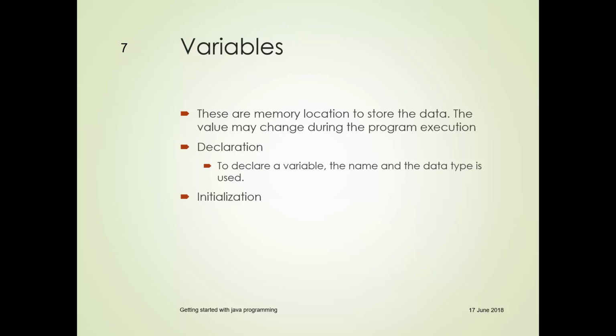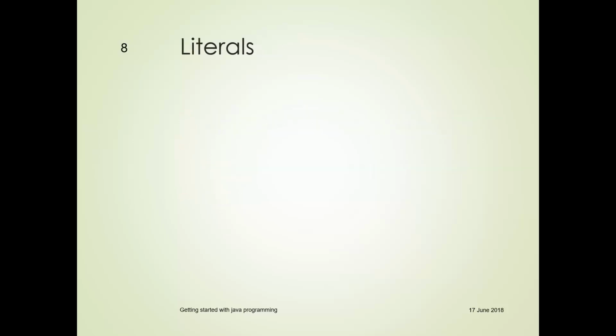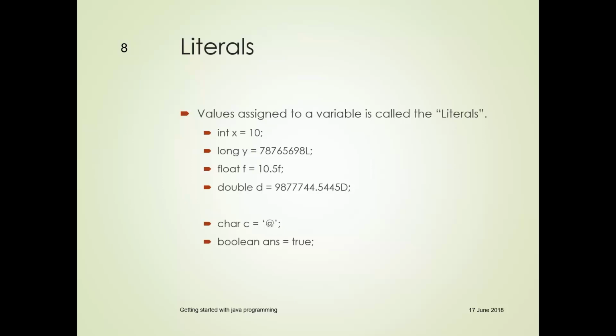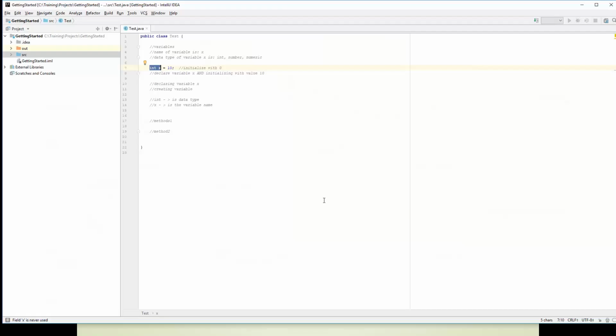By default, I told you that the primitive data types are automatically initialized, but if I want, I can assign a value. Now, literals. Literals are nothing but the values that we are going to assign to a variable. In our example, the value 10 that I have stored is a literal.